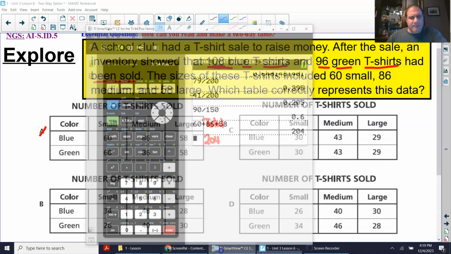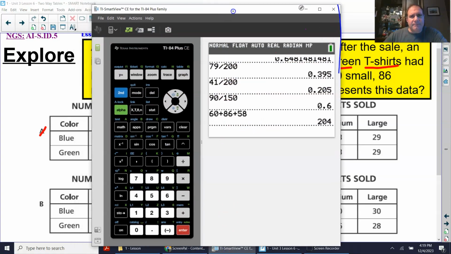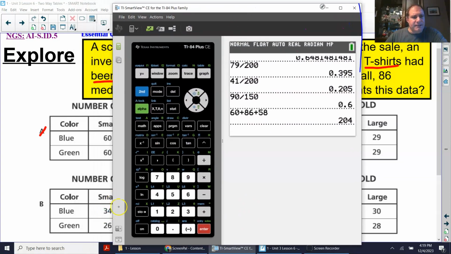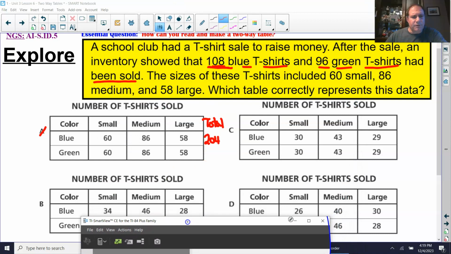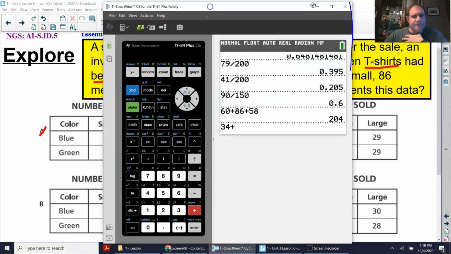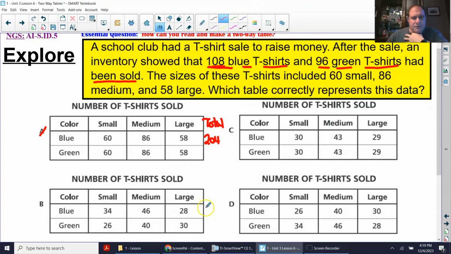Let me grab my calculator, and I'm going to do the same thing now with B. So I have, just doing the blue, 34 plus 46 plus 28. 108. So this total is 108. So that works because it says 108 blue t-shirts.